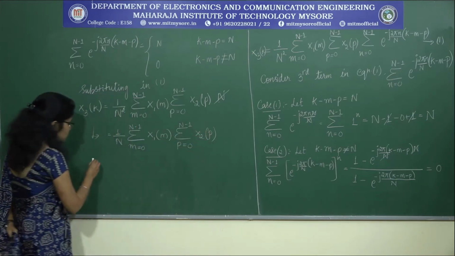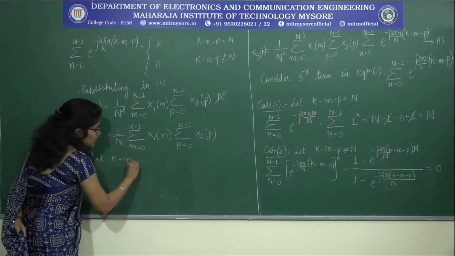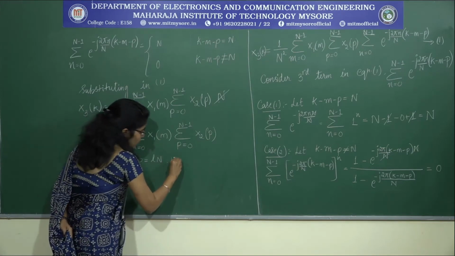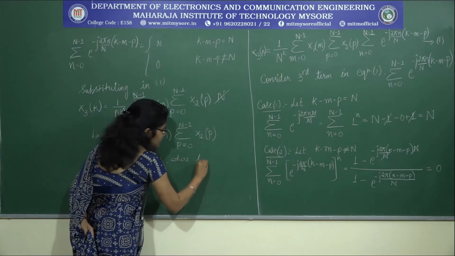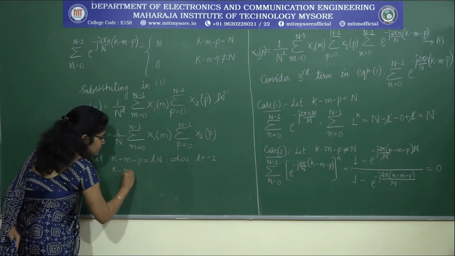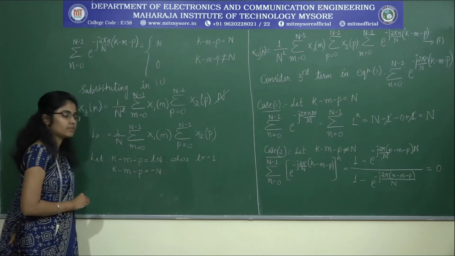So if I take substitution, let k minus m minus p be equal to L n, where L is equal to minus 1. So if I substitute it here, it will be k minus m minus p, which is equal to minus n.